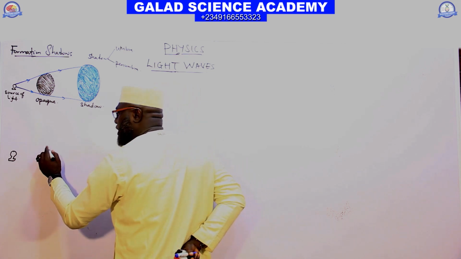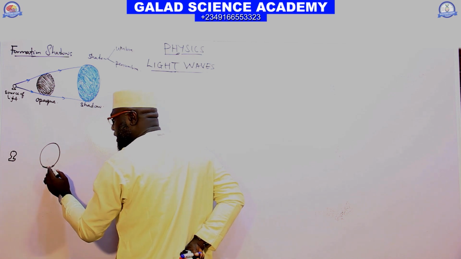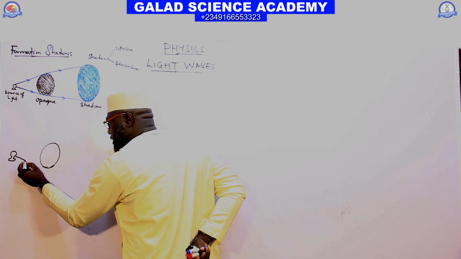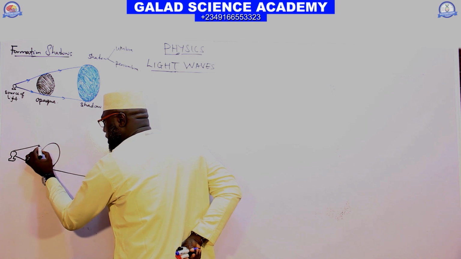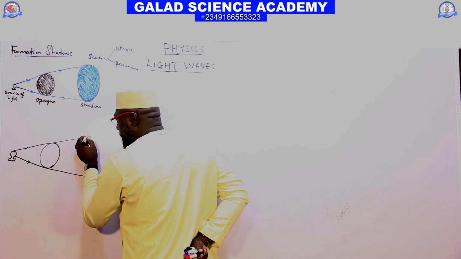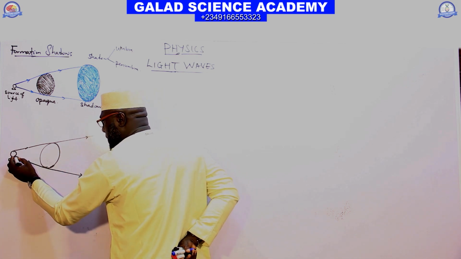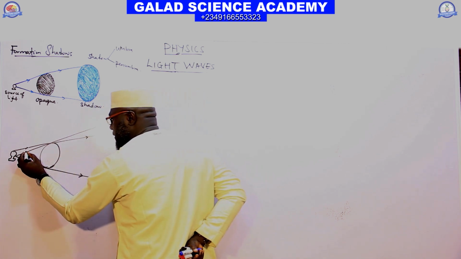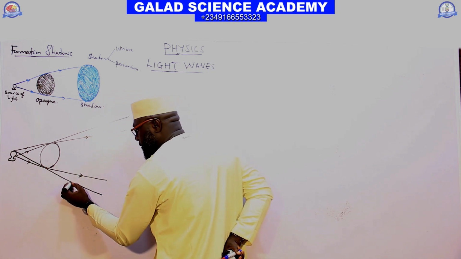So when the source of light is big, and here we have the opaque object, by drawing it, we have it in this form. And the second one goes like this. It will cross like this.